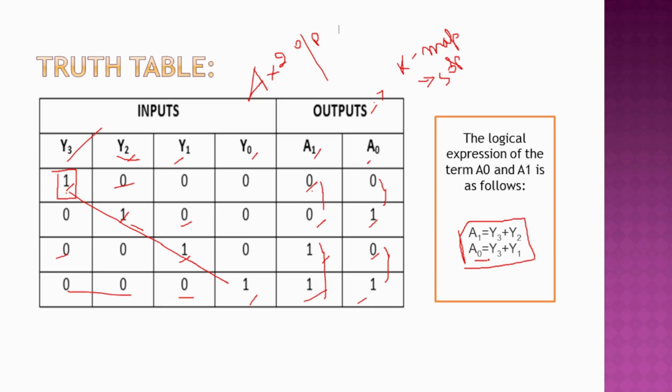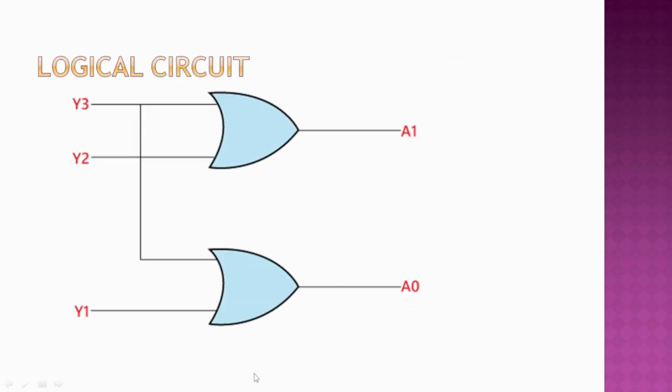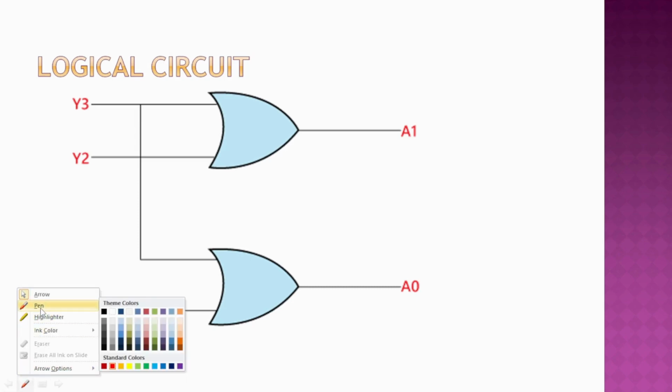This is the equation of the 4 by 2 encoder. This is the logical circuit of the 4 by 2 encoder.